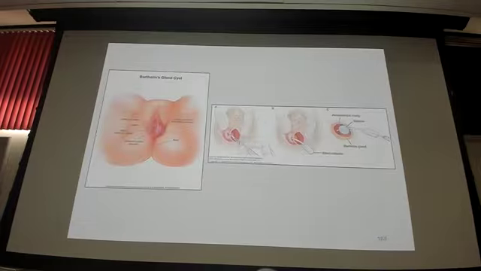So you express the fluid that is stuck there because of the obstruction. Then you place this little catheter inside. It has a balloon that you fill up with air or saline, and usually saline so it doesn't pop, honestly.